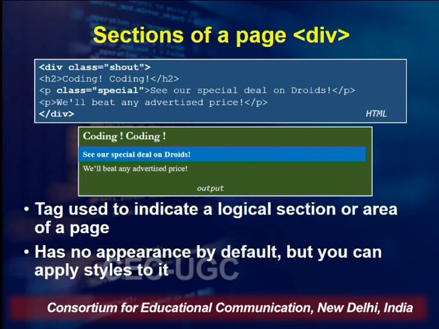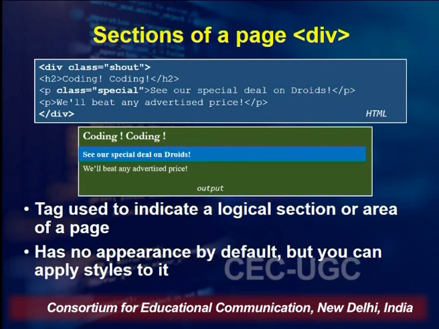So this means whatever attributes belong to the special class will be inherited by this. But what is happening is that since I am using this div class, automatically the font color will be taken from the class to which the division belongs. So likewise, we can create more divisions.